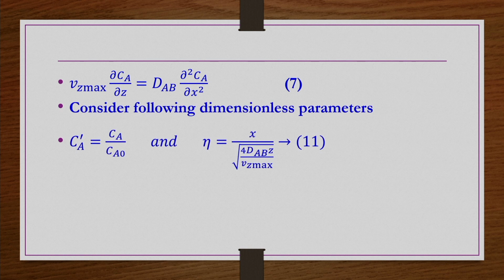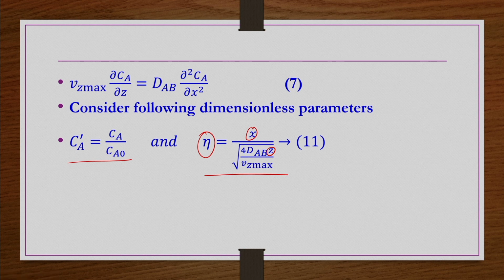We take the dimensionless parameter Ca by Ca naught as Ca prime. This dimensionless parameter, which has both x and z together, is a combined variable. We can call it eta.